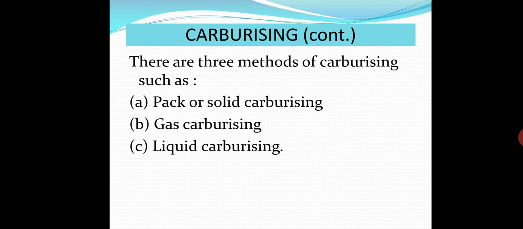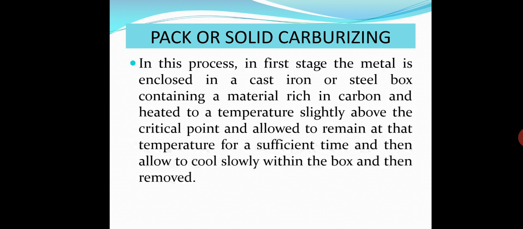There are three methods of carburizing: 1. Pack or solid carburizing, 2. Gas carburizing, and 3. Liquid carburizing. In pack or solid carburizing, in the first stage, the metal is enclosed in a cast iron or steel box containing a material rich in carbon.